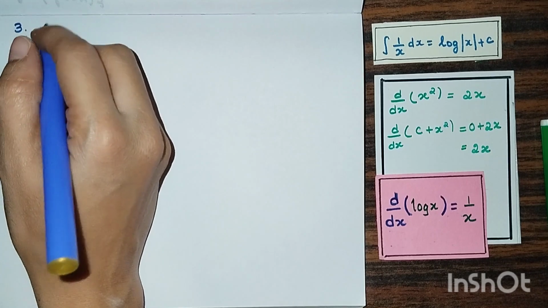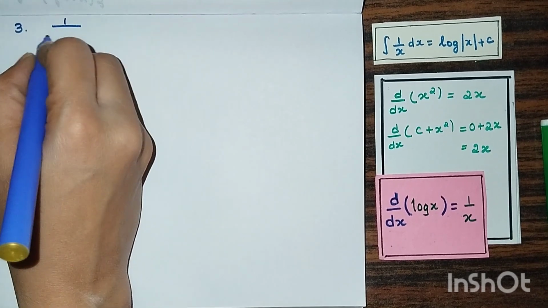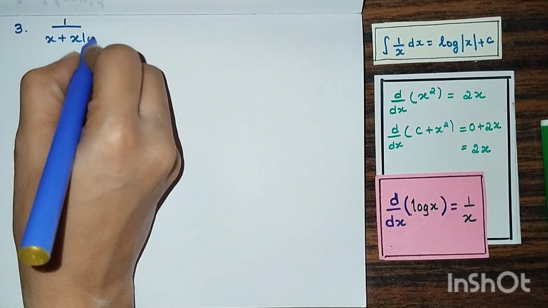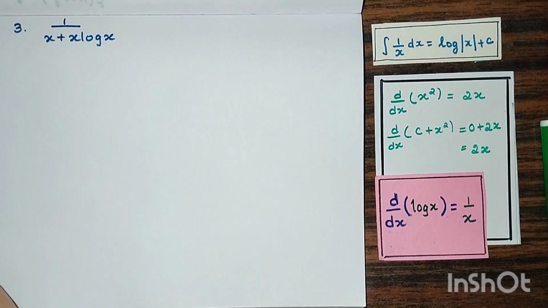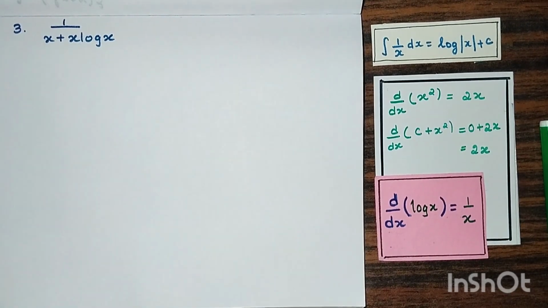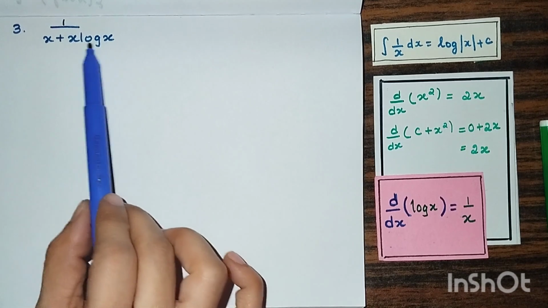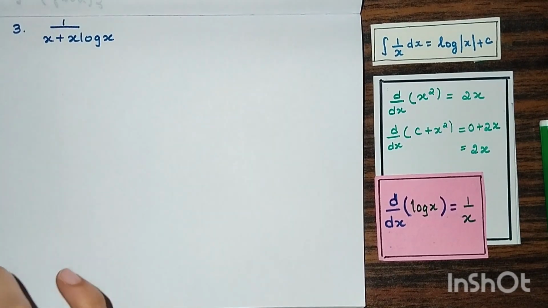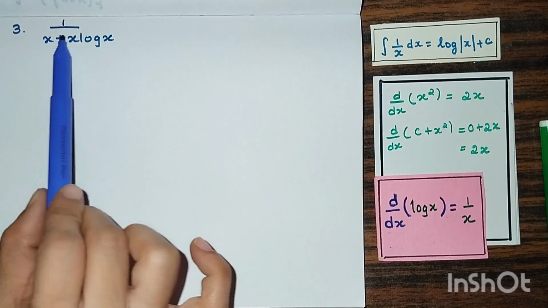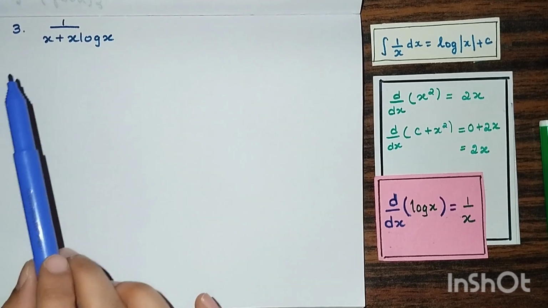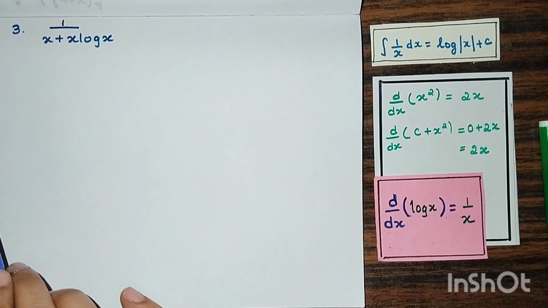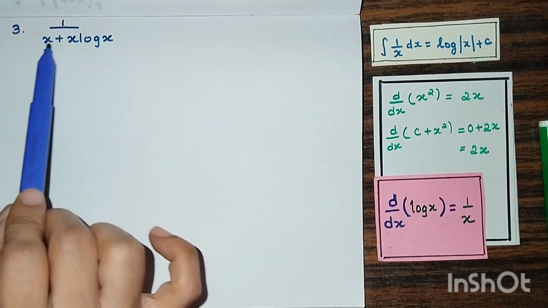Third question, 1 divided by x plus x log x. We have to find the integral of this. So if we observe carefully, we have log x and 1 by x, but because of this plus sign we cannot do the substitution method directly. We have to take common.